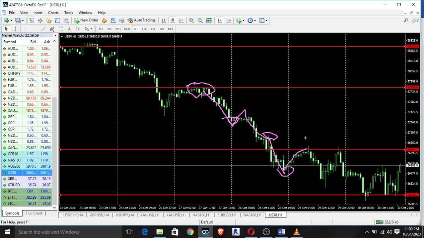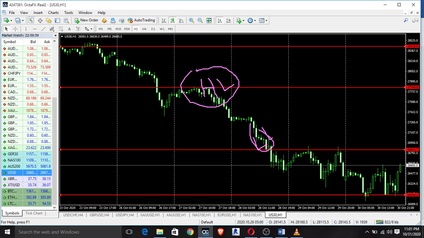This is another higher low. HL means higher low, and this one is lower low. So it's very, very important. So that's just it for support and resistance.